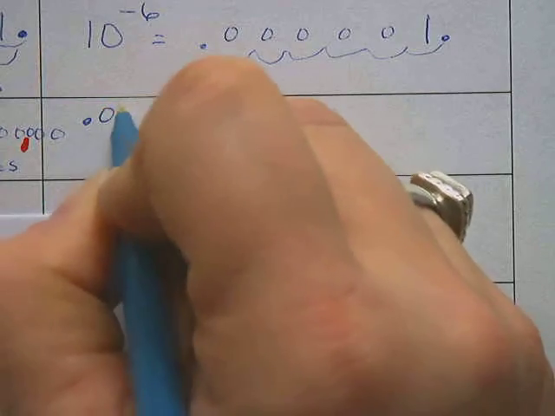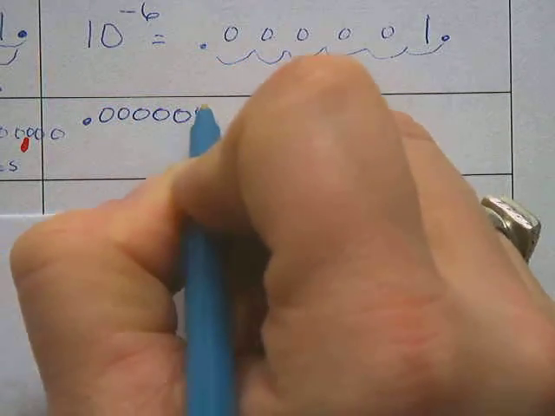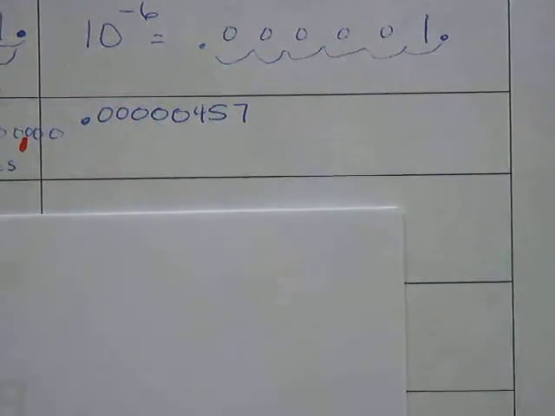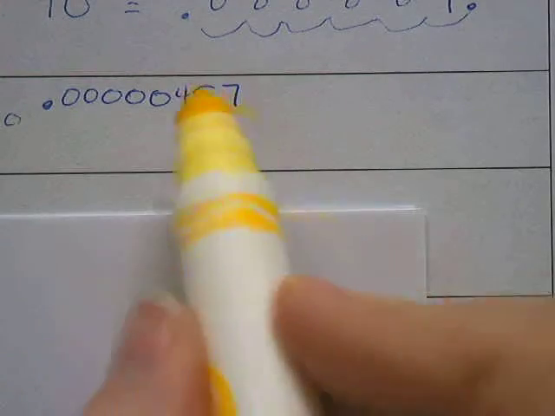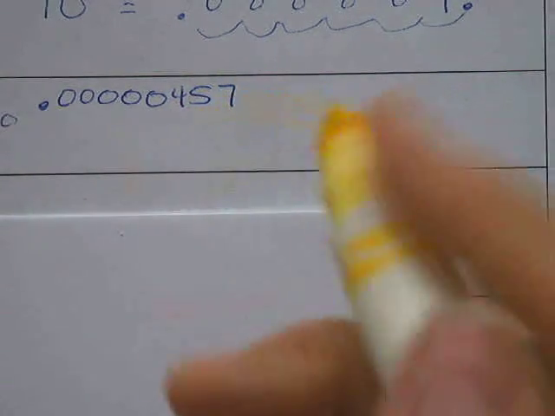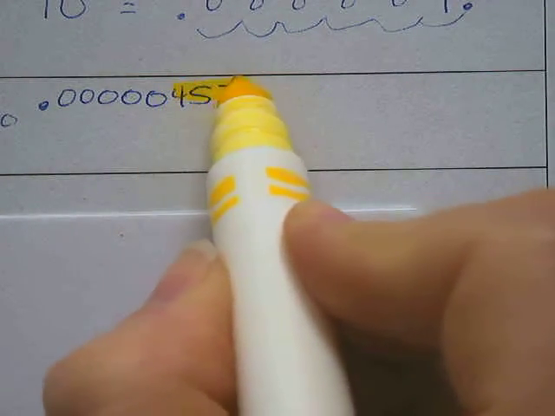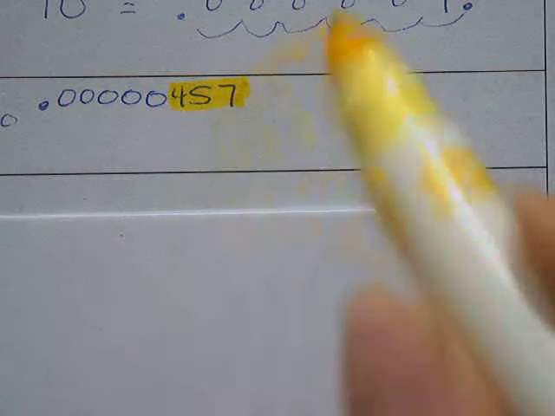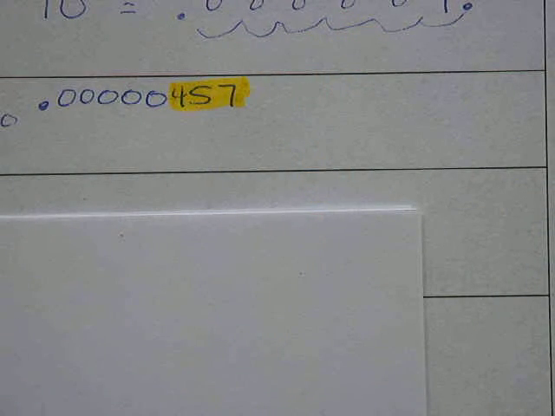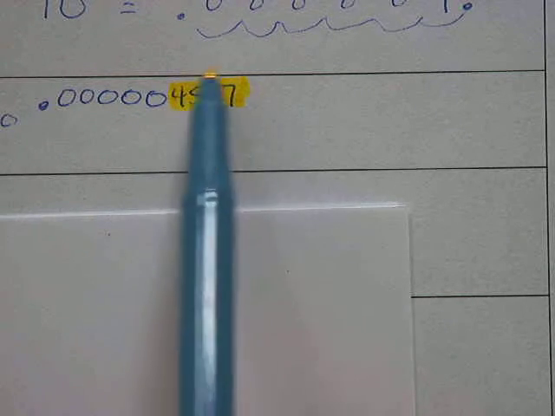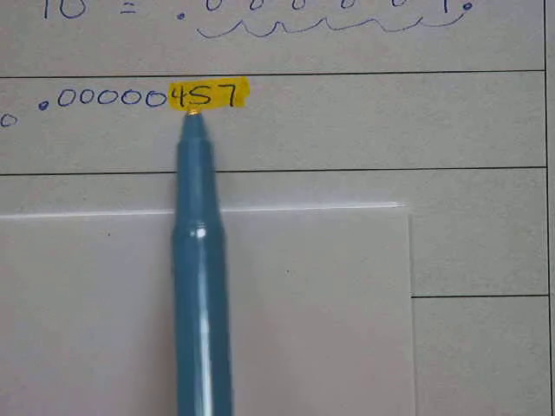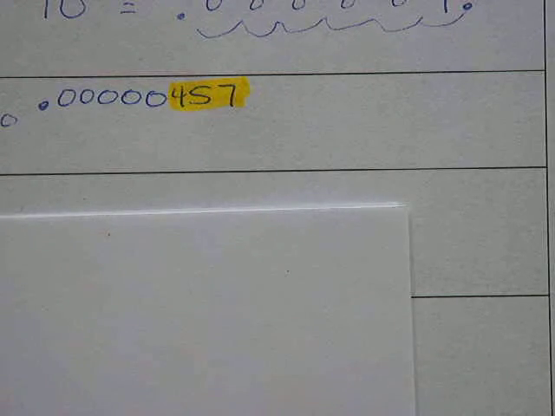Okay, so as an example over here, let's do this. We're going to put this number into scientific notation. So the first step is you need to locate what's called significant digits. And the significant digits are, in this case, 4, 5, and 7. They're all of the digits that are not including this string of zeros.